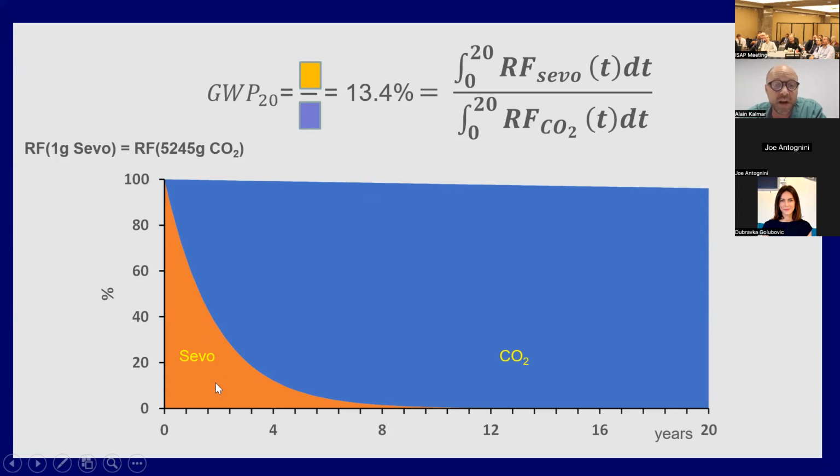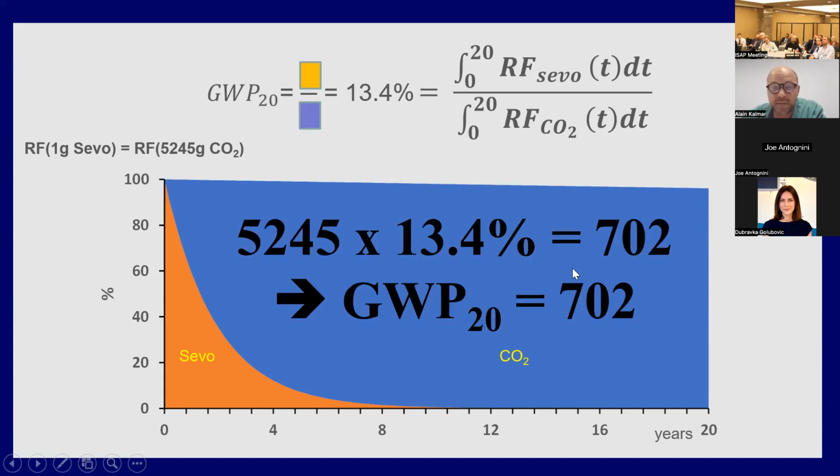So this area is 13.4% of the blue area. And this means that we have to multiply this initial radiative forcing of 5,245 by 13.4%, which is 702. So the global warming potential over a period of 20 years is 702.